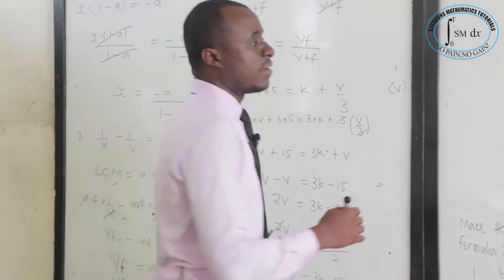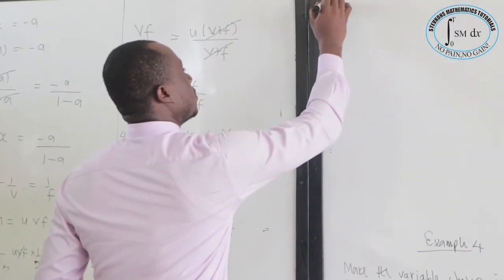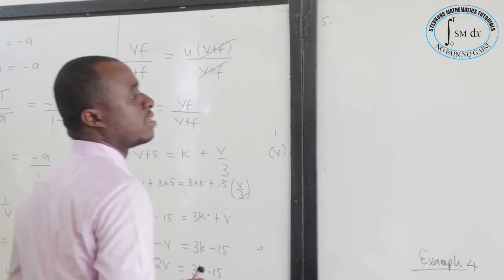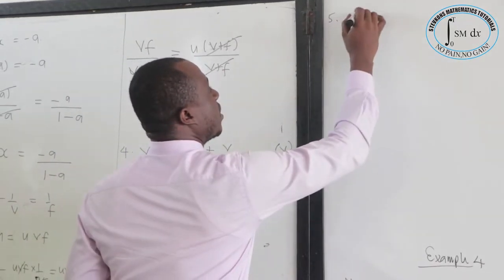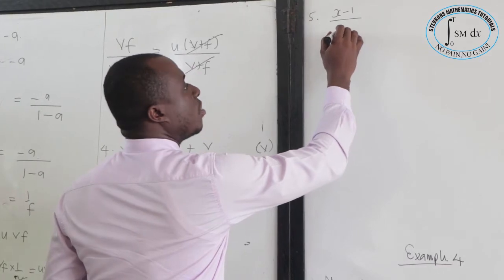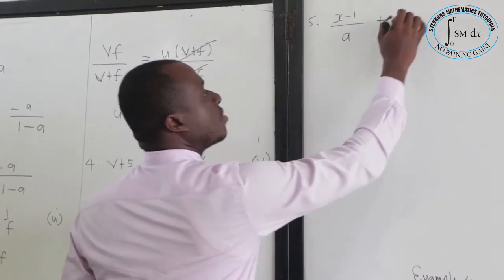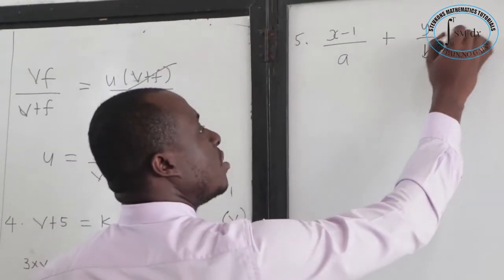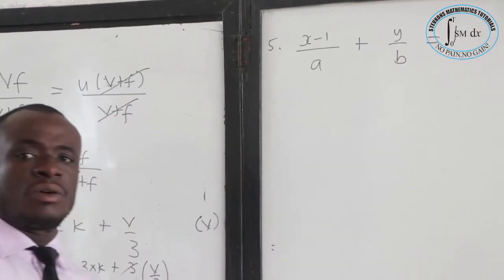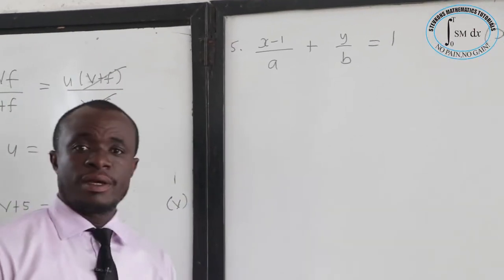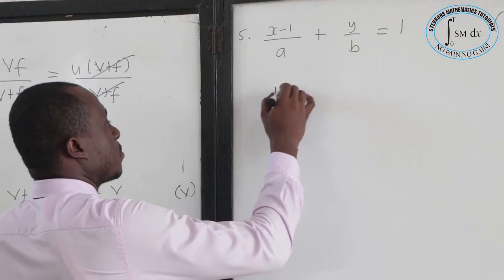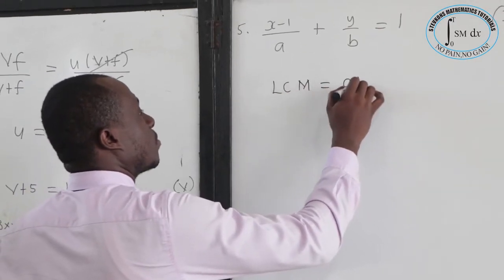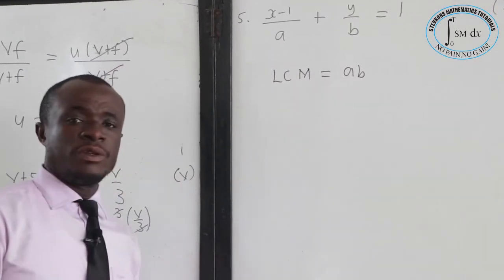Let's consider our fifth question. Now, what is our fifth question? It is saying that we have x minus 1 all over a plus y over b equal to 1. Okay, what is the LCM? The LCM is ab. That's the multiplication of the denominators.